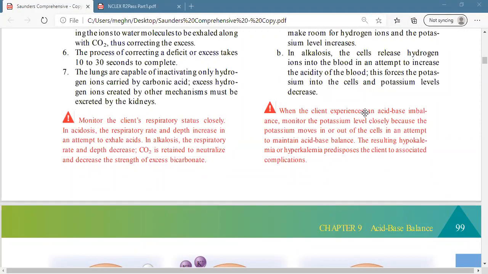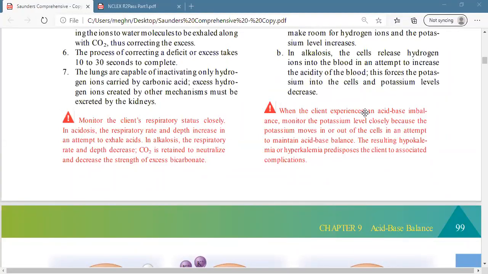So now the question comes, what are the medical conditions when acid-base balance has a chance to become imbalanced? Easy example, like a patient came to you with nausea, with vomiting.